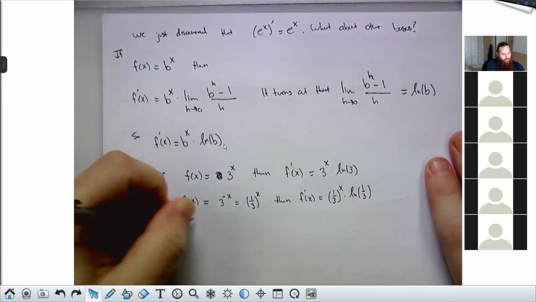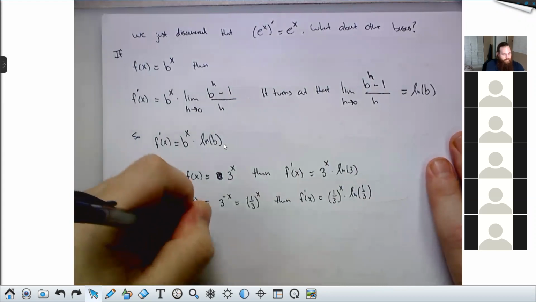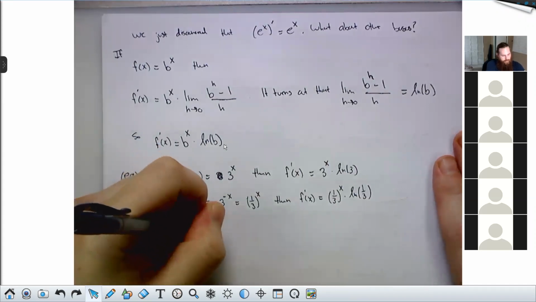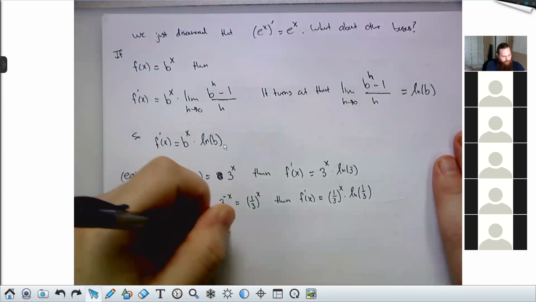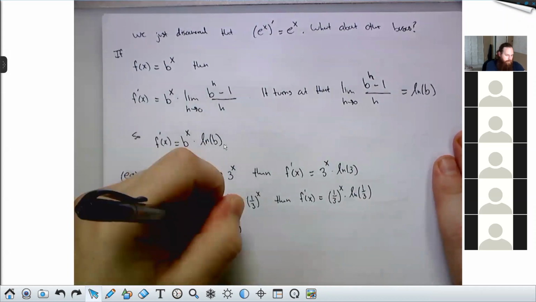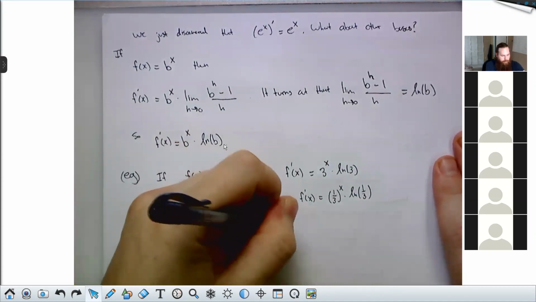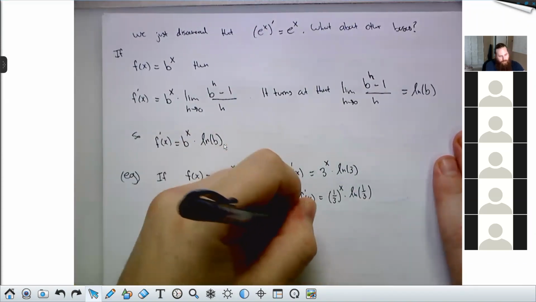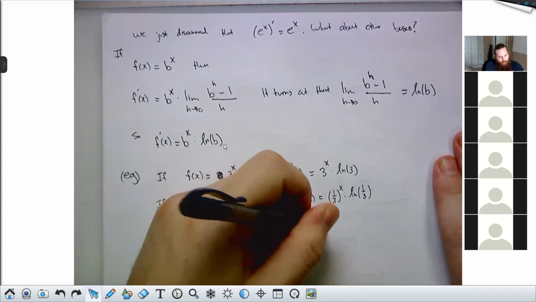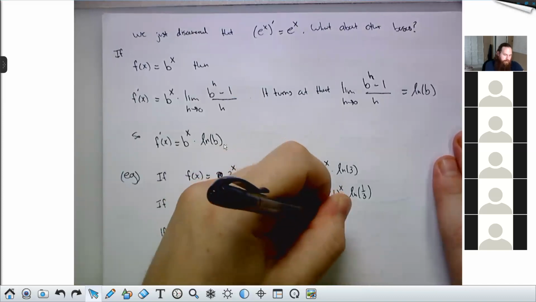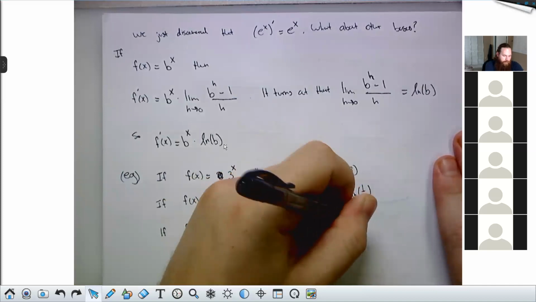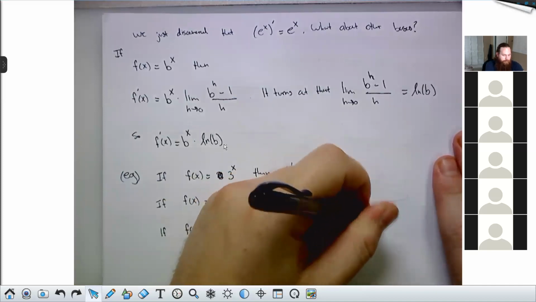Or if f of x is 1.234 to the x, then f prime of x would be 1.234 to the x times the natural log of 1.234.